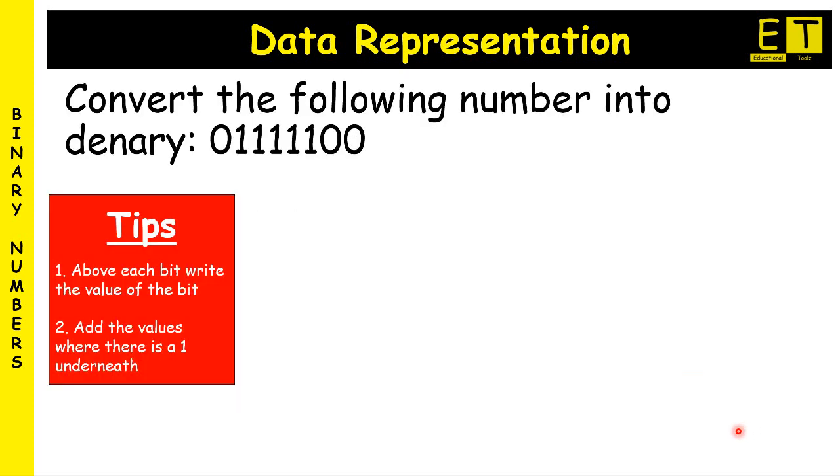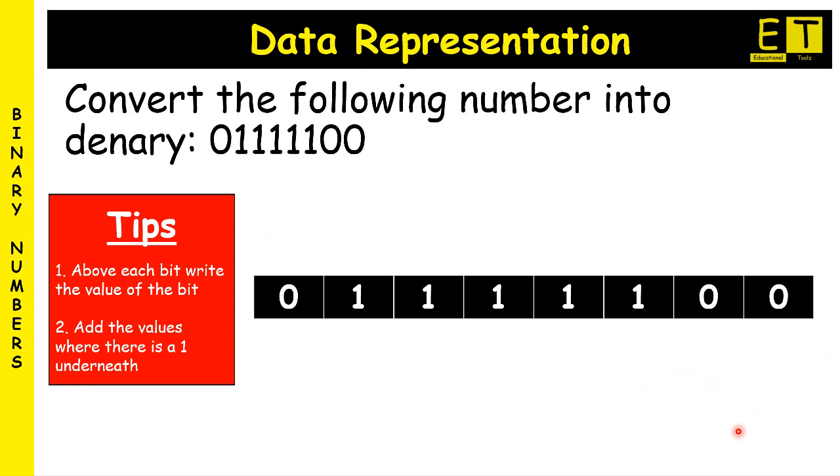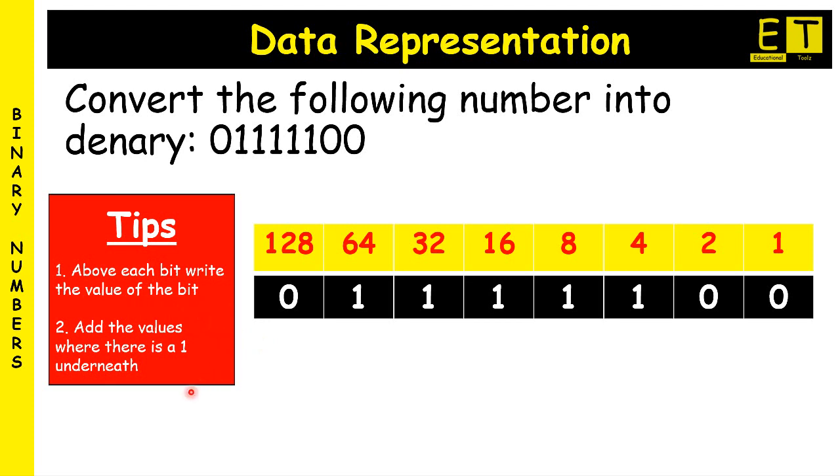So to get started, we are going to convert the following number into denary. The number is 0111100. When tackling a question like this, I would recommend you to write the value of each bit above or below and then add the values where there is a 1 underneath.